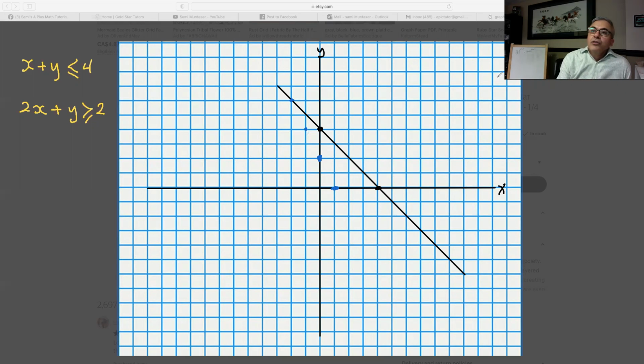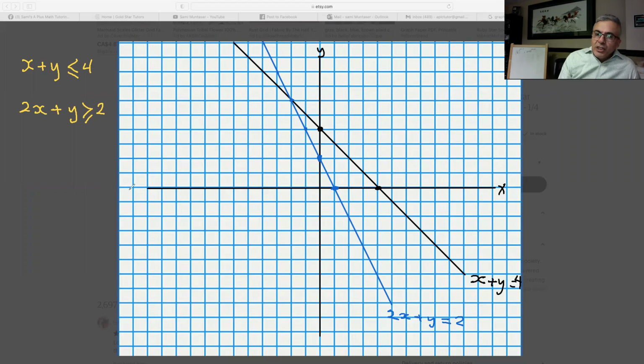Now we're going to graph the other line. The other line is more like this. It's going to make this line a little bit longer right there.